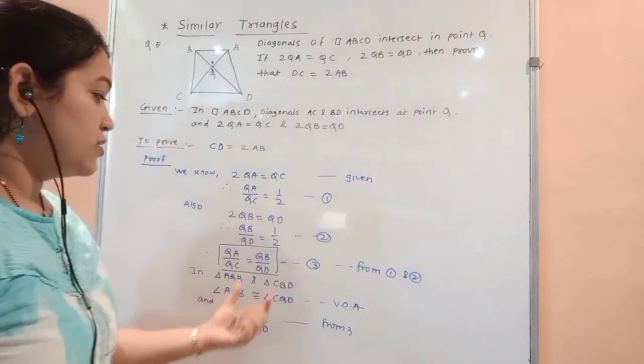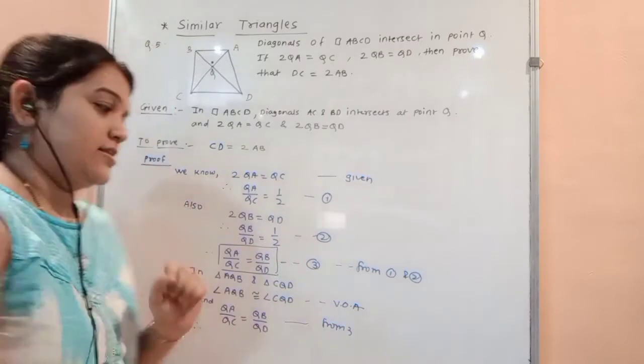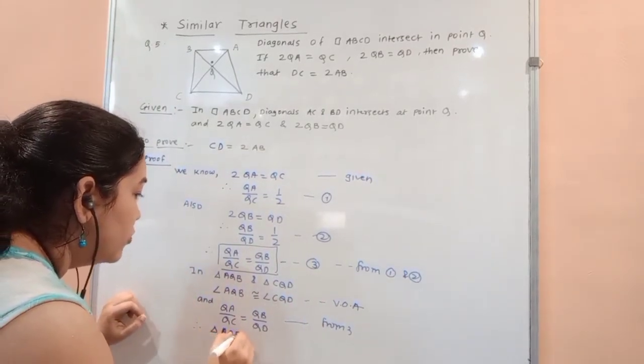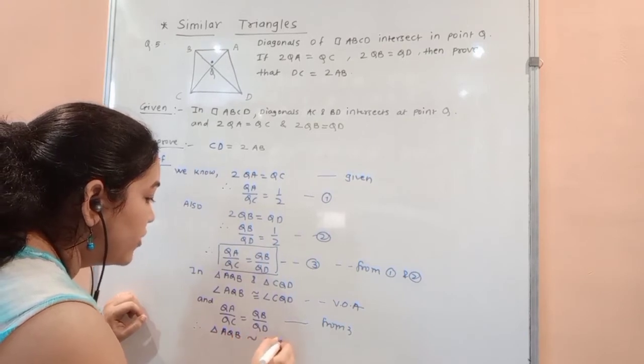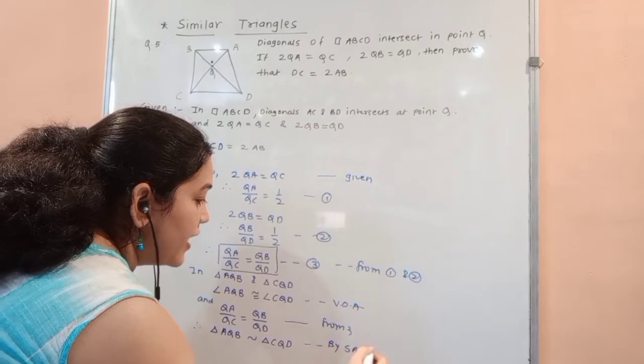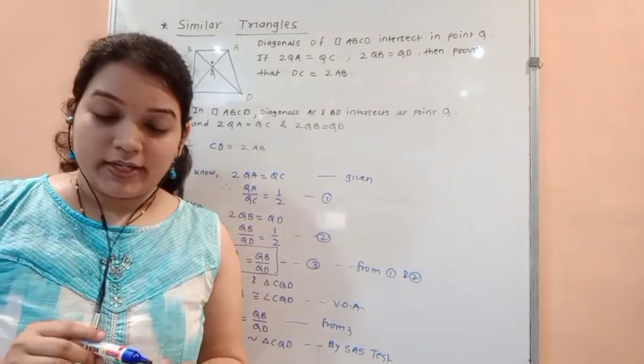So by which test can we say these two triangles are similar? Yes, correct, by SAS test. Therefore triangle AQB is similar to triangle CQD by SAS test of similarity. Are you getting it, class?